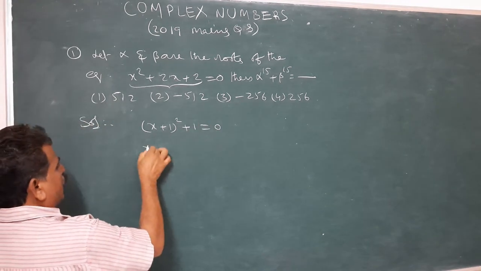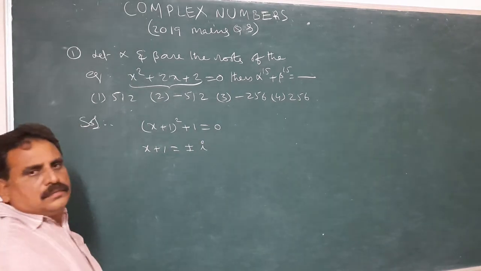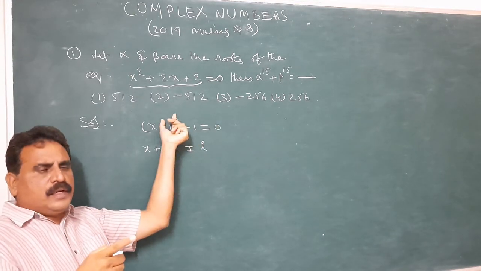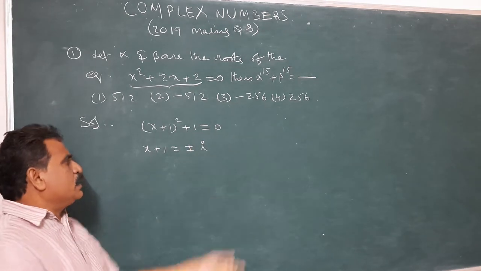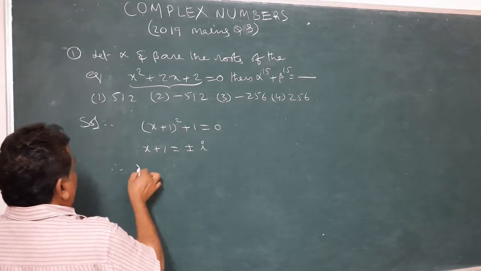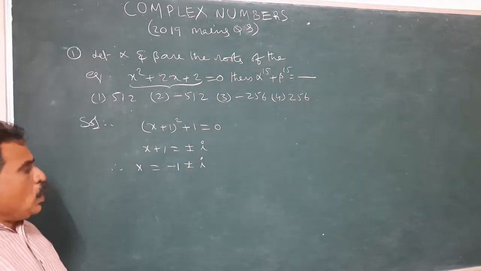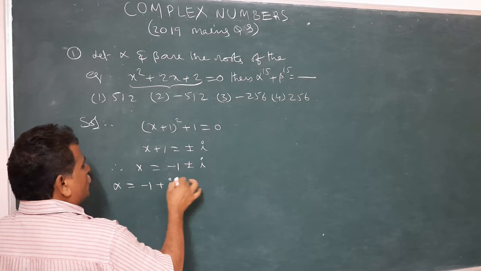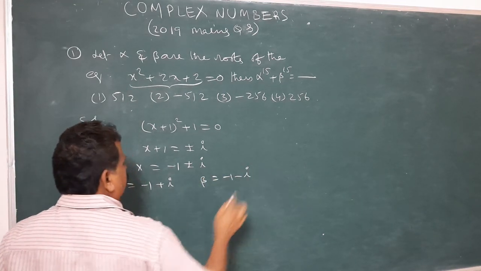So x plus 1 equal to plus or minus i, since root of minus 1 is i. Therefore, x equal to minus 1 plus or minus i. So let us take one root as alpha. Alpha equal to minus 1 plus i and beta equal to minus 1 minus i.